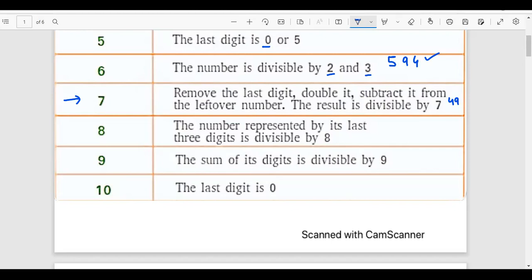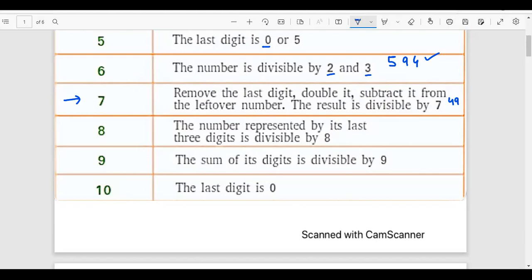Yes, the last digit. Okay. Yes, ma'am, this is divisible by 7. Okay, very good. Because 9 into 2 is 18, and 18 minus 4 is 14. Very good.